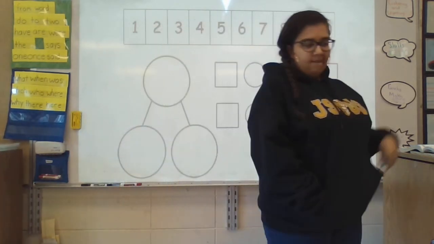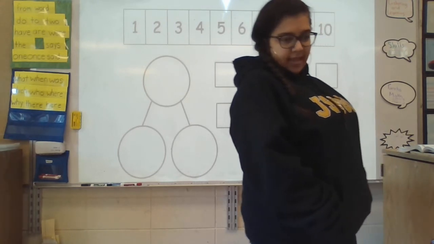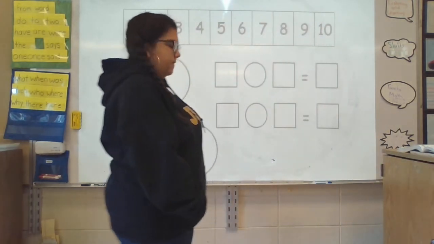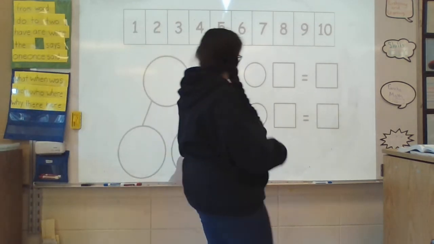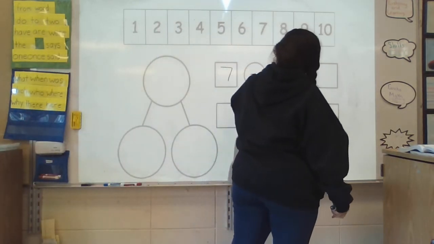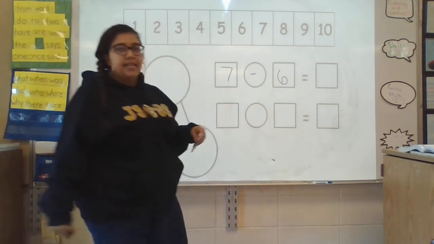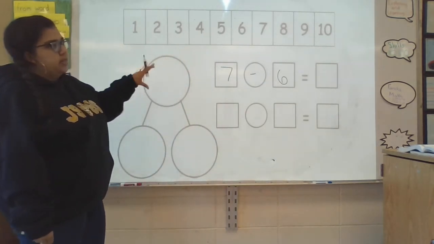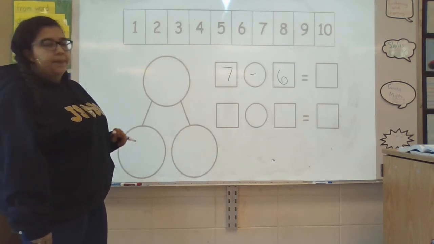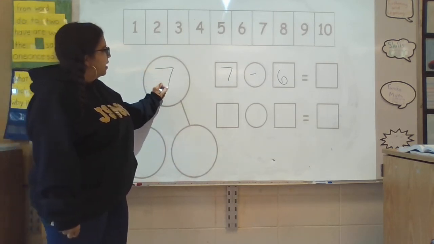Okay, that's the game. How about I have 7 minus 6 so far. Which pieces of my number bond can I fill out? Yes, my whole is 7.